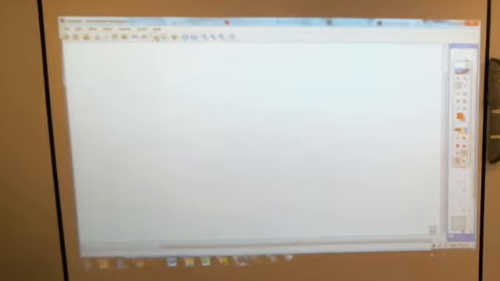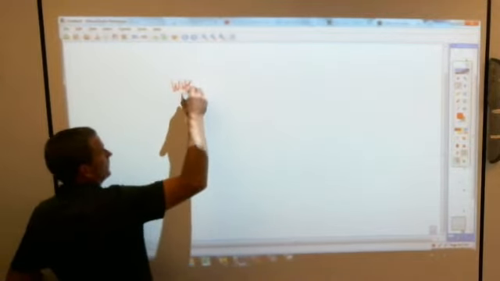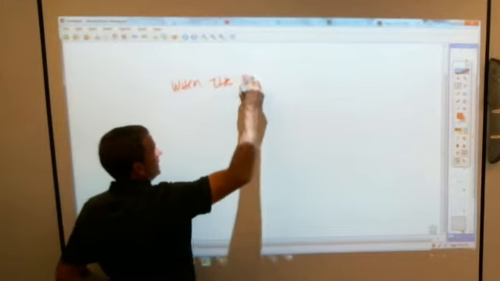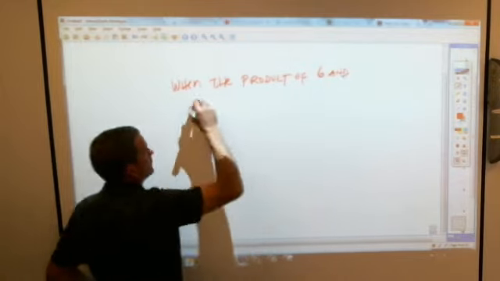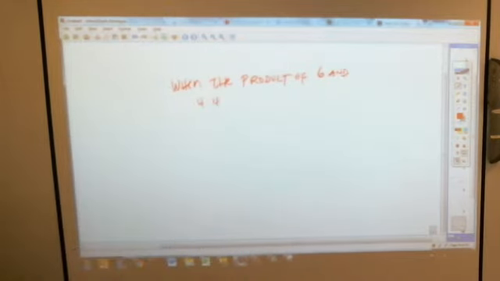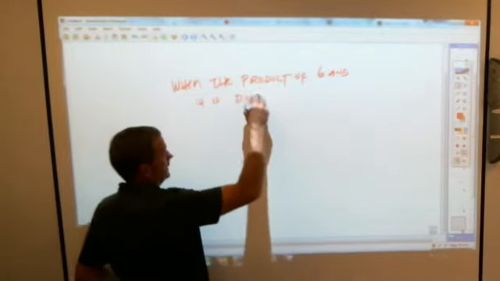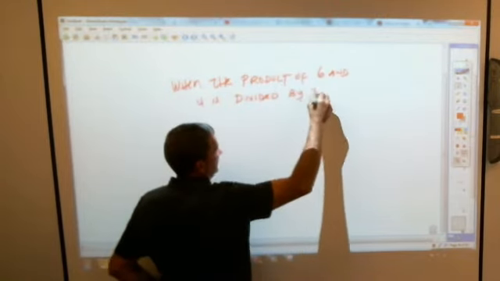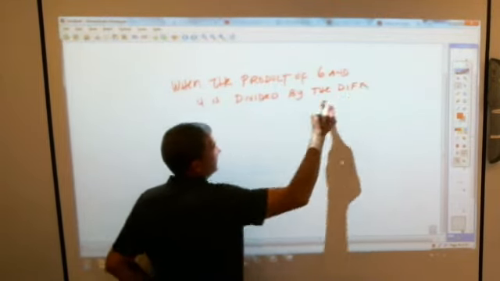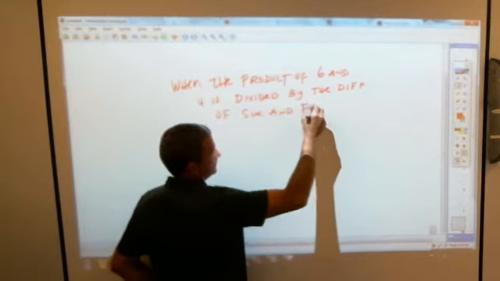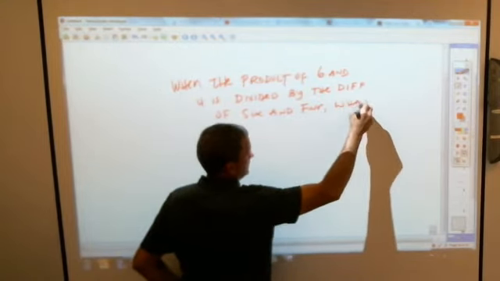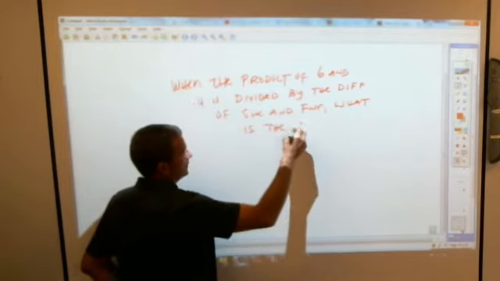How about this one? When the product of 6 and 4 is divided by the difference of 6 and 4, what is the quotient?